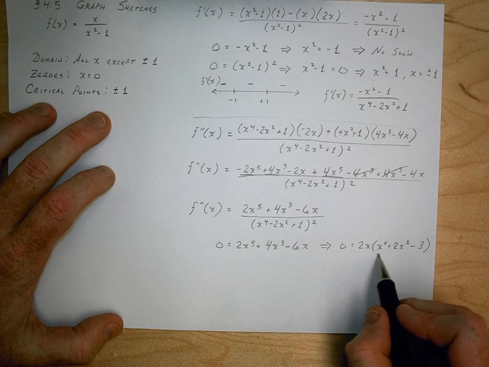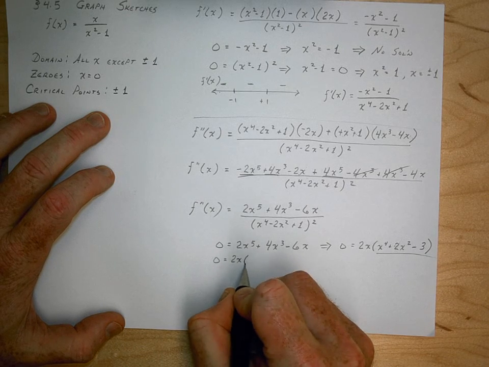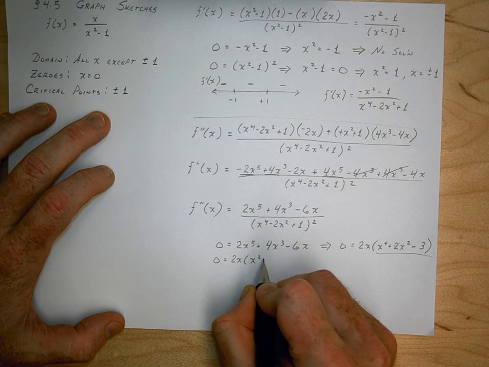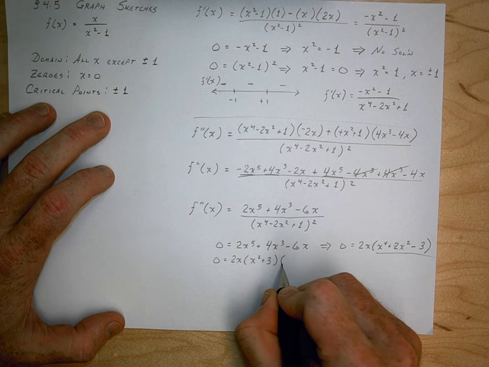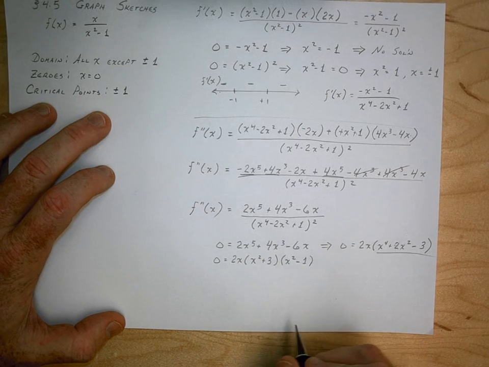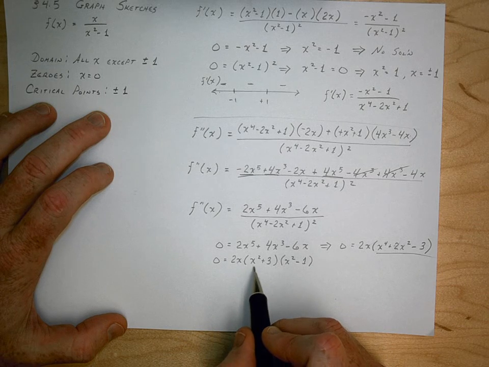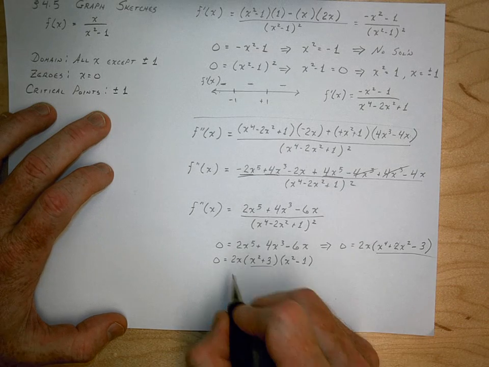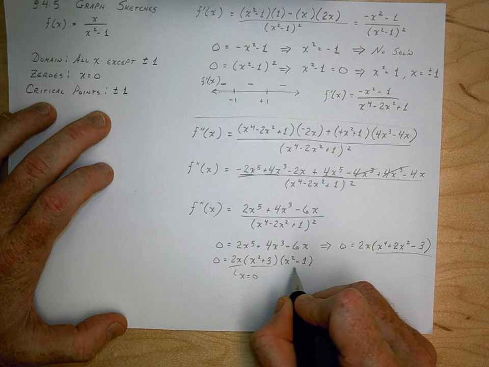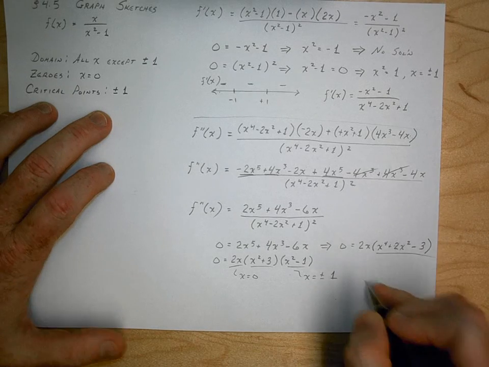And I think this will factor further. And let's see, we'll get no solutions out of this one. So we're going to get x equals 0, and from here, x equals plus and minus 1.